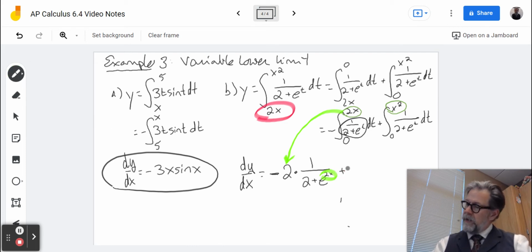And then on this one, we've got the derivative of x squared, and then u again becomes our input.